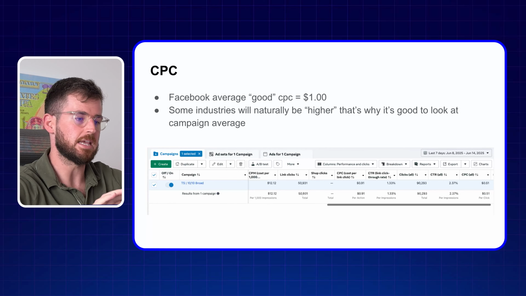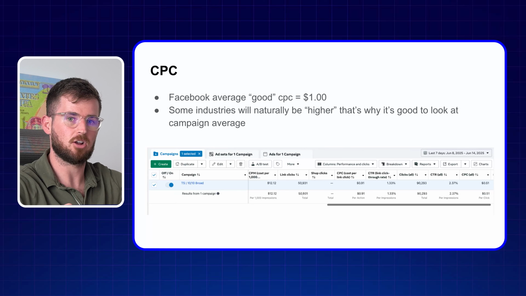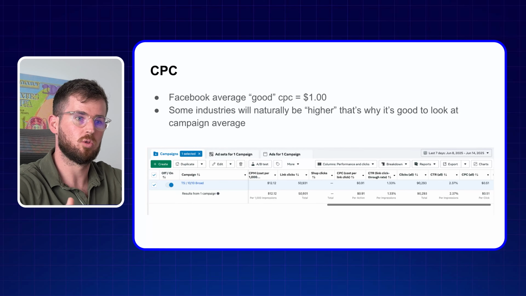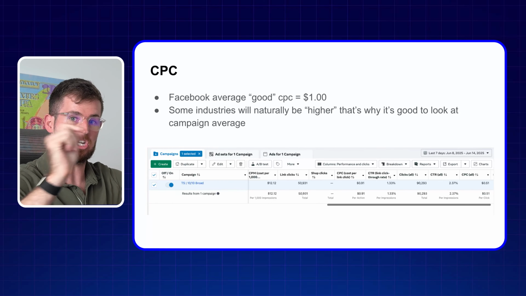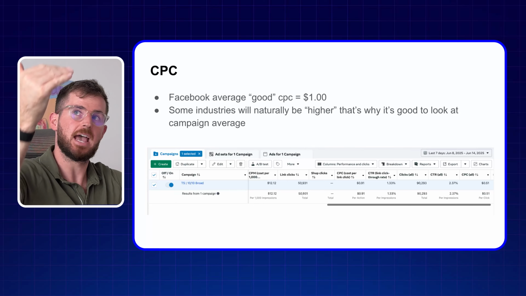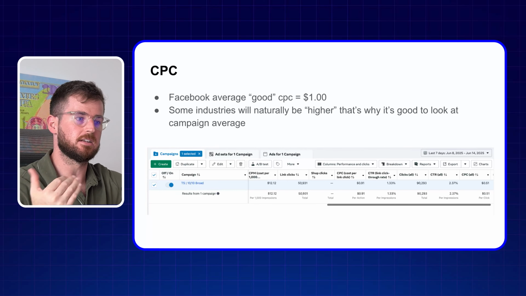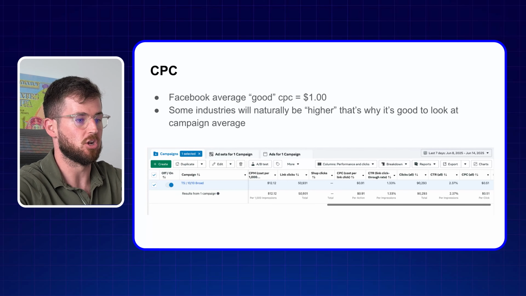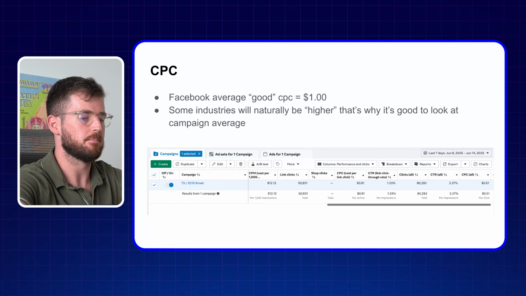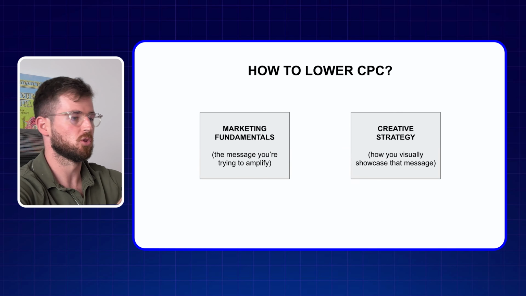So some industries will naturally have a high cost per click, and our goal is to see that average for that particular campaign and just focus on decreasing it to improve the traffic going to our website. So going into it, how do we lower cost per click?